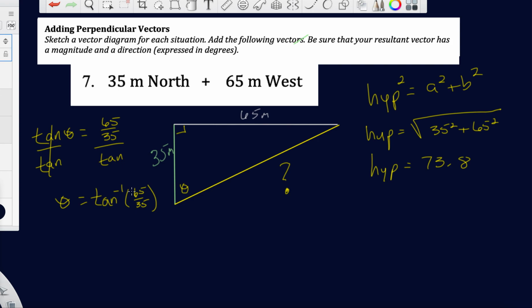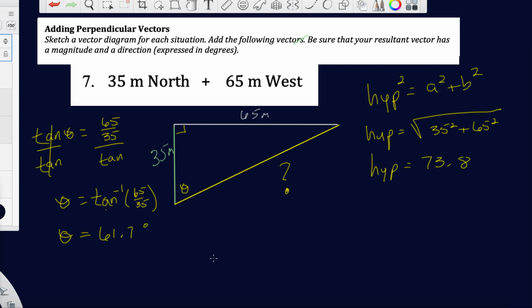Either way, we would be using the inverse function. So I would say second tangent, and then 65 divided by 35, close the parentheses, and I get an angle of about 61.7 degrees. And that looks pretty close to what I'm looking at here. That looks pretty darn good. 61.7, and that's really all you do.